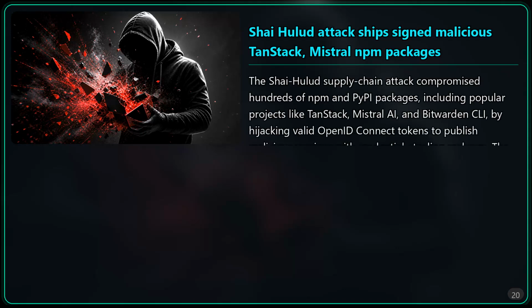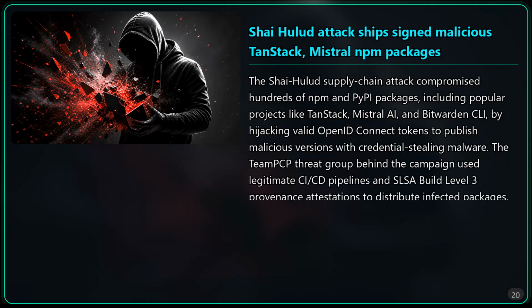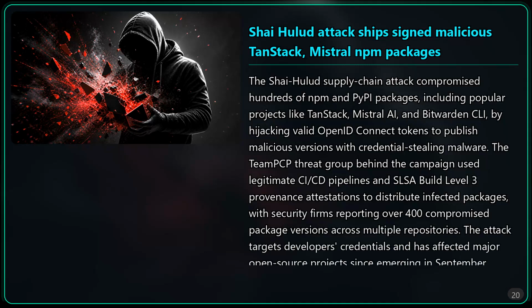The TeamPCP threat group behind the campaign used legitimate CI/CD pipelines and SLSA build level 3 provenance attestations to distribute infected packages, with security firms reporting over 400 compromised package versions across multiple repositories. The attack targets developers' credentials and has affected major open-source projects since emerging in September.